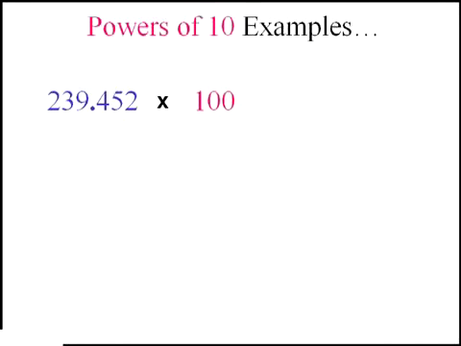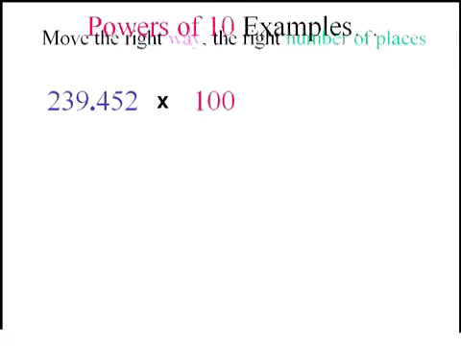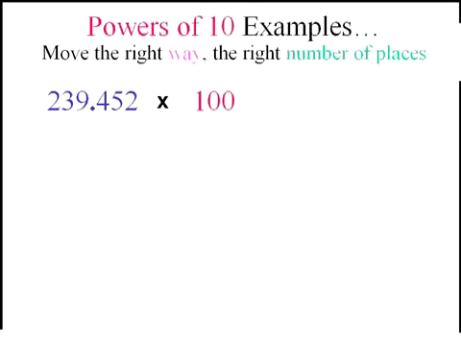Let's try some. I'm going to mix them up to keep you honest. In this first problem, we're going to go to the right because we're multiplying. Now, how many places are we going to go to the right? We're multiplying by 100, 2 zeros. We'll go over 2 places. And the answer will be, let's see, 23,945 and 2/10.